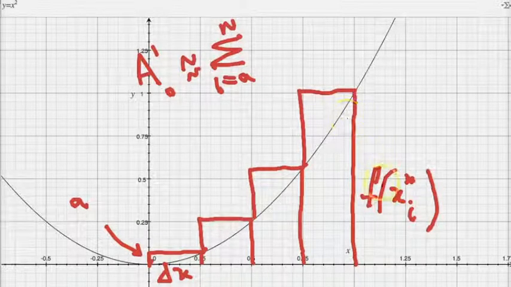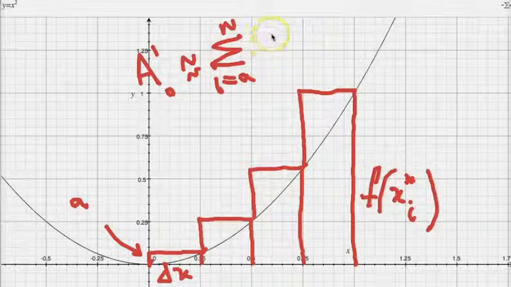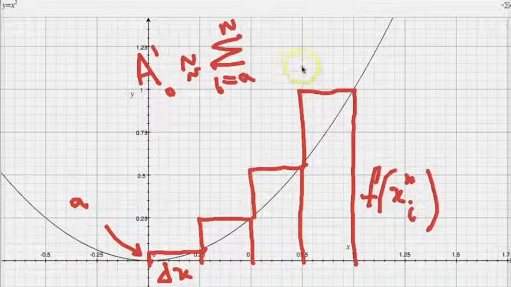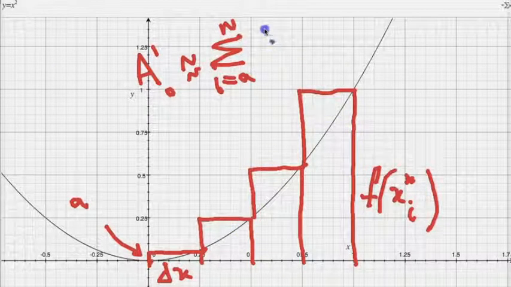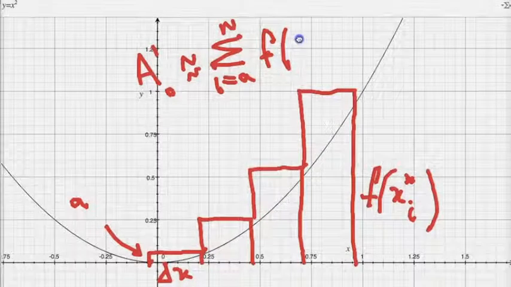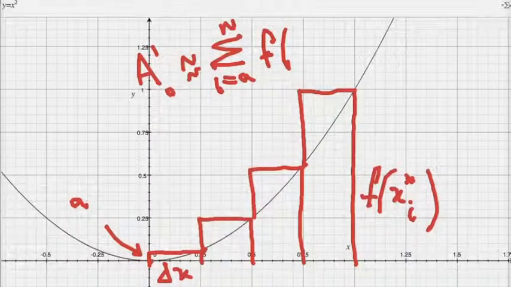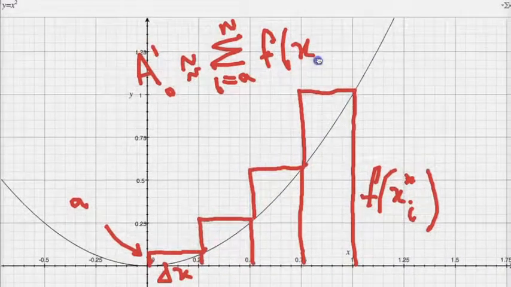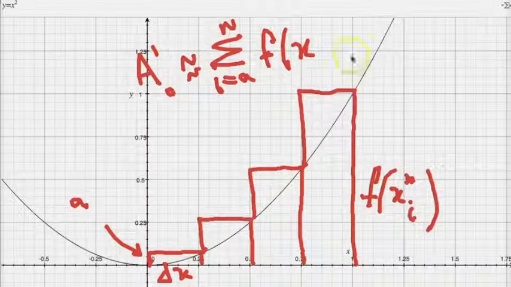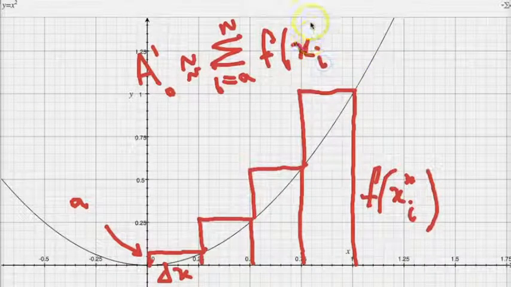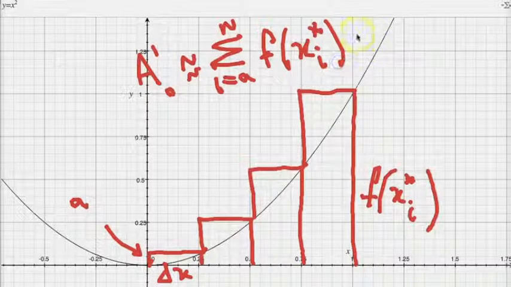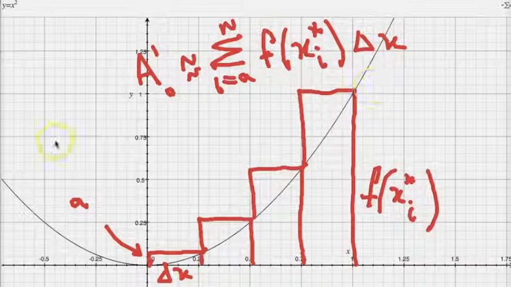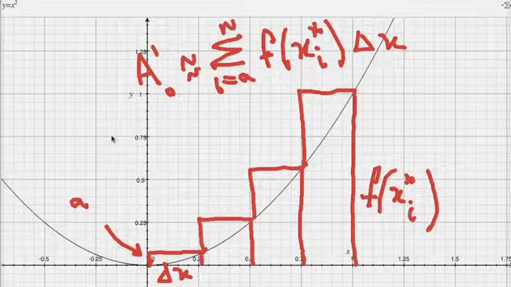And so you sum up all the little areas, and the little areas are going to be height times base. So f of x sub i starred times that constant change in x. And that is the general formula for Riemann sums.